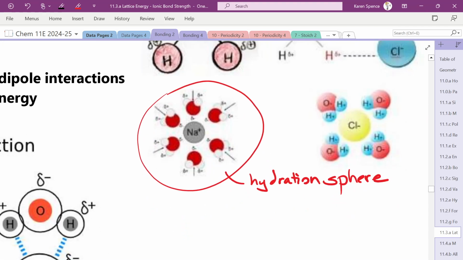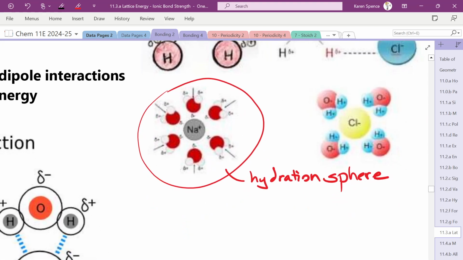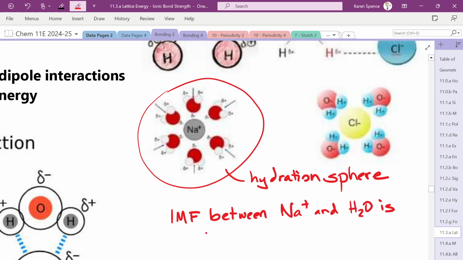What kind of IMFs have formed here? Ion-dipole.